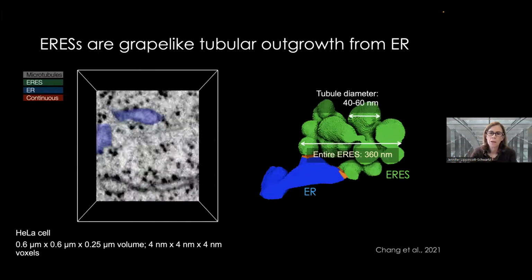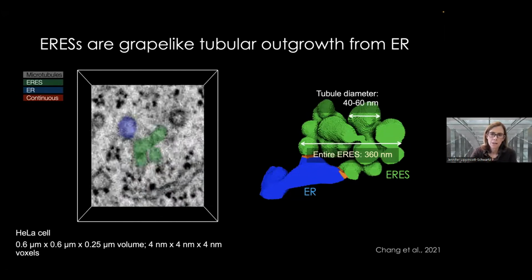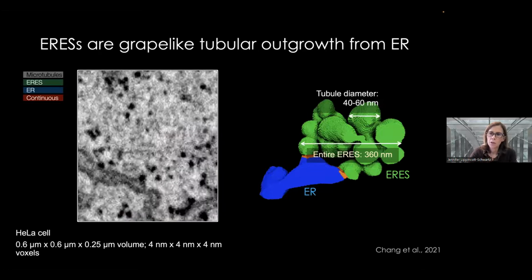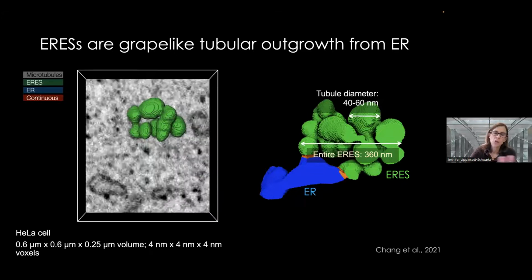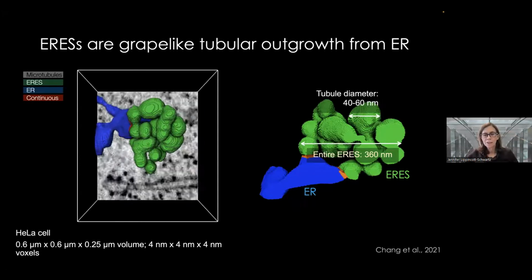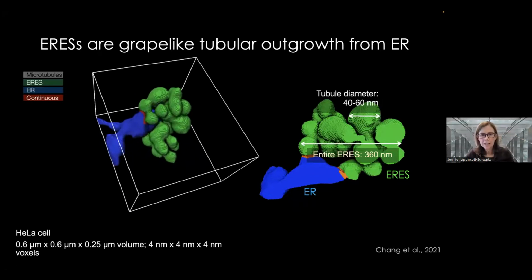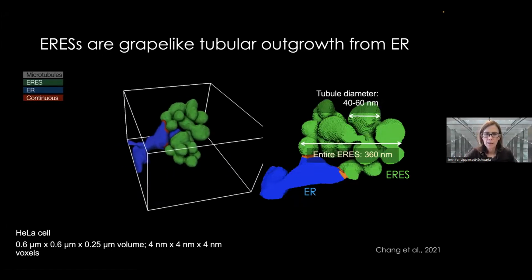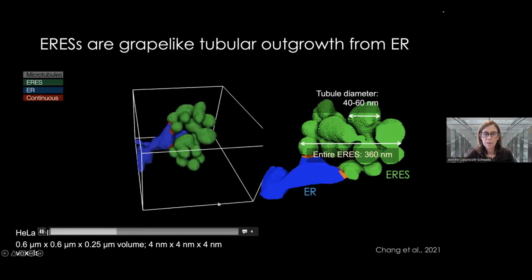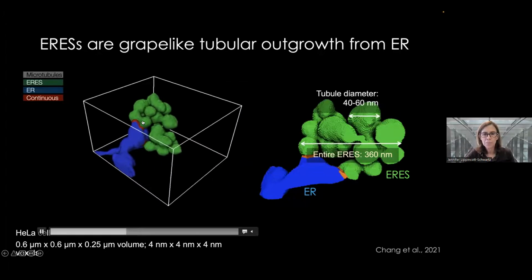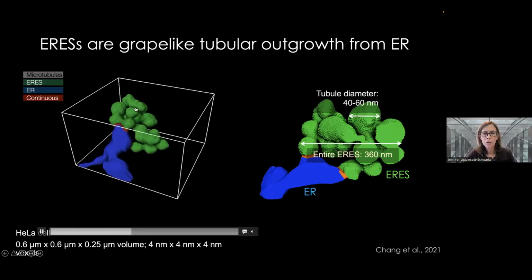Here's where we've manually segmented that entire region, or an example of it that I showed you in the prior slide. Now we know what the endoplasmic reticulum looks like in these cells because it's one continuous system. What we found, which was quite interesting, was that budding off from that endoplasmic reticulum was this elaborate tubular outgrowth.